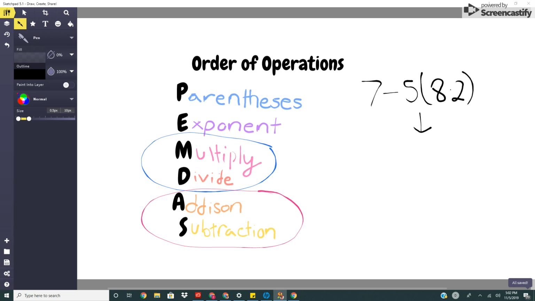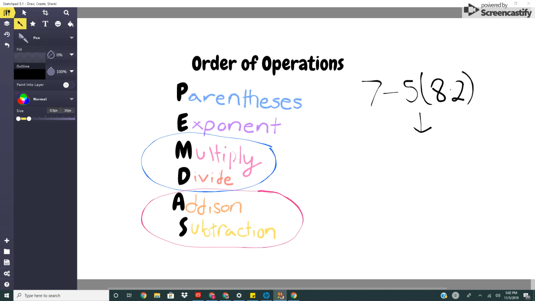So we are going to drop this equation down, and okay, in order of operations, what comes first in this problem? Now, in your mind, you'd probably be thinking multiplication. Some people think multiplication comes first. In this case, it would come first because the parentheses are also in this set.